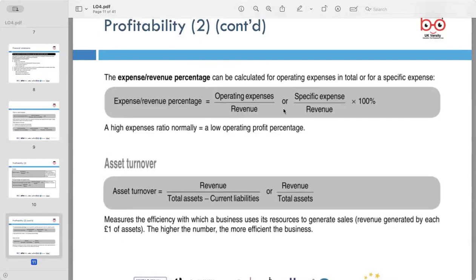It is calculated by dividing the expenses by revenue and multiplying the result by 100%. A higher expenses ratio typically leads to a lower operating profit percentage, highlighting the importance of controlling costs to maintain profitability.